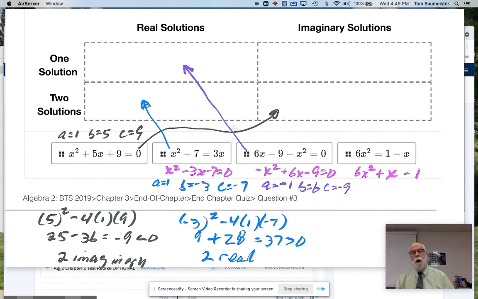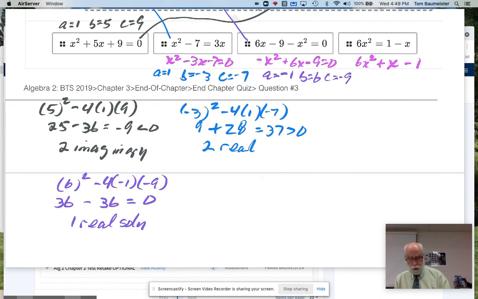Okay, now don't think I have to fill in every single one here. I don't. So let's do the last one just to make sure here, people. So on the last one here, again, our a is equal to 6. Our b is equal to 1. Our c is equal to negative 1.